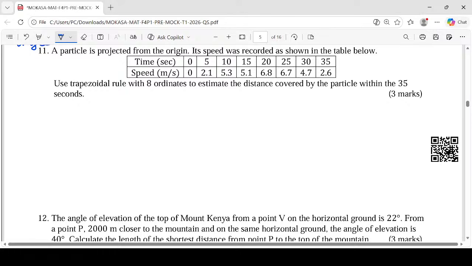So, when you have such a particular question, ladies and gentlemen, what should be your take? You have to understand first the formula.